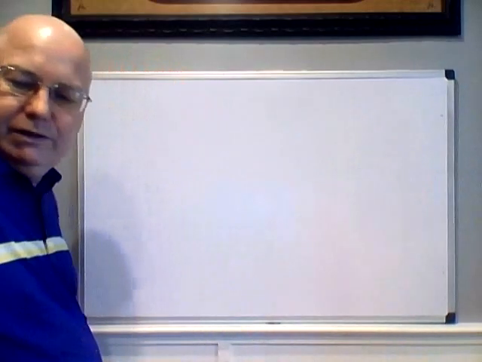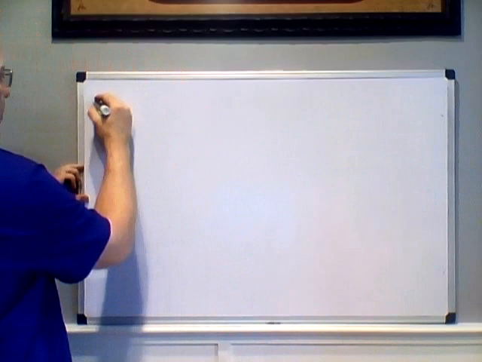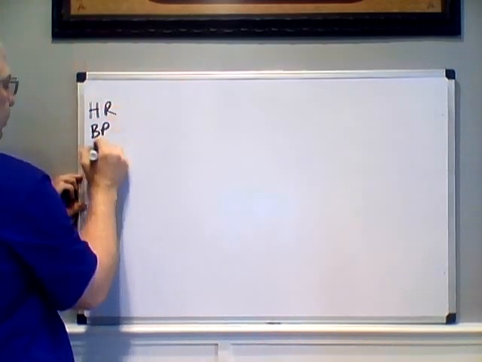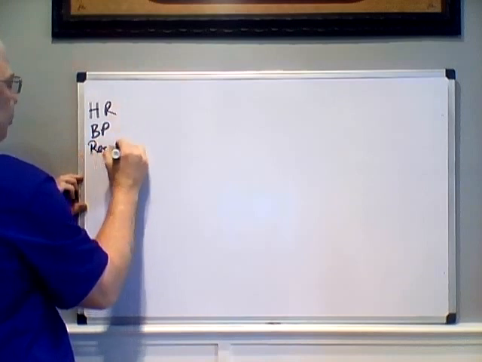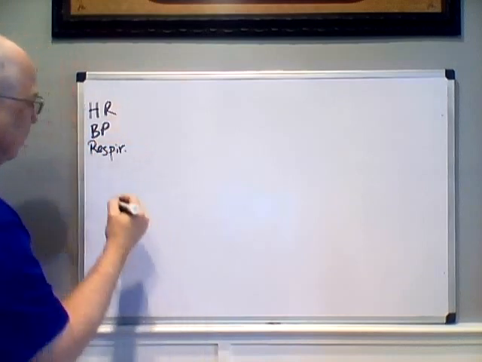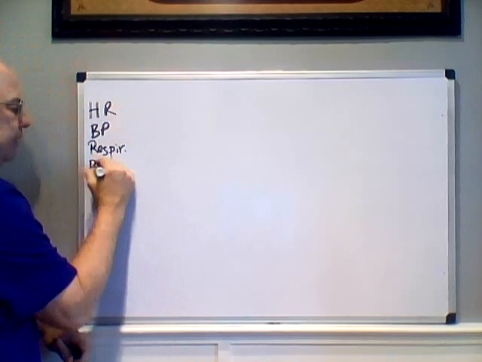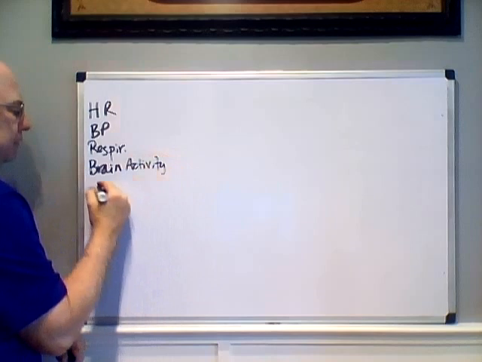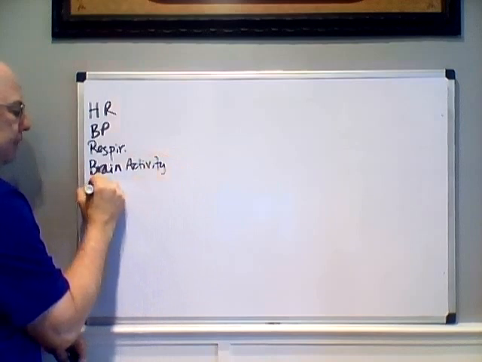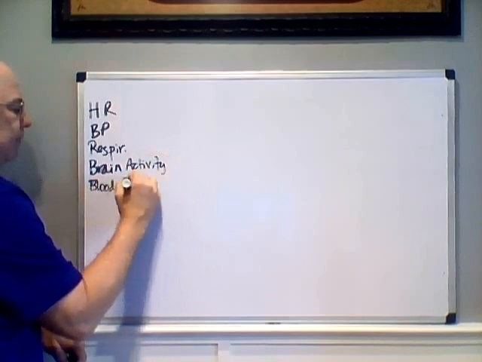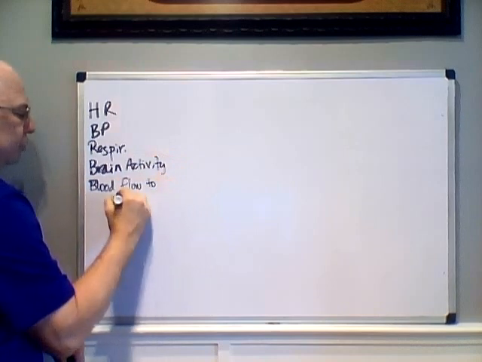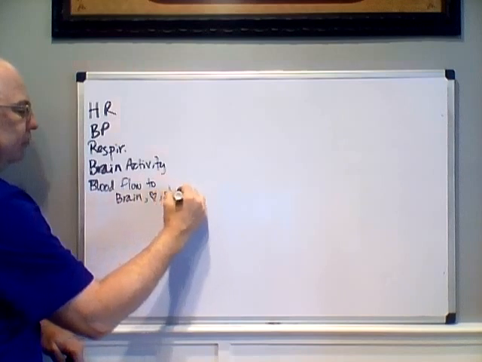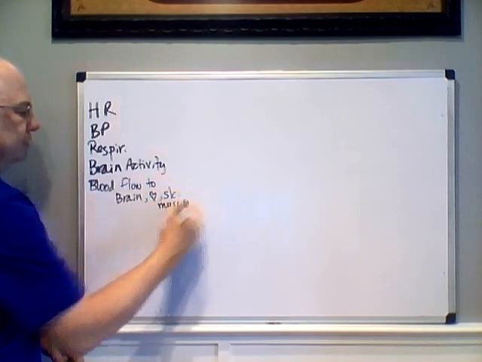So we can put things like heart rate, blood pressure, respiration, breathing, brain activity, blood flow to brain, heart, and skeletal muscle. We could put lungs in there as well.